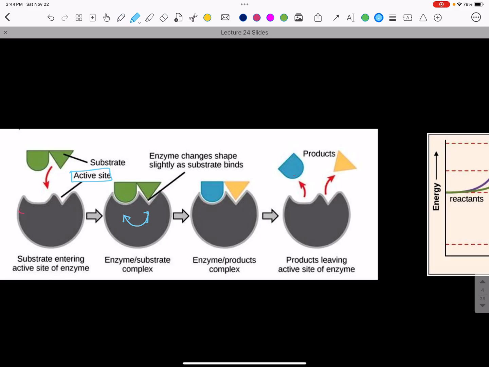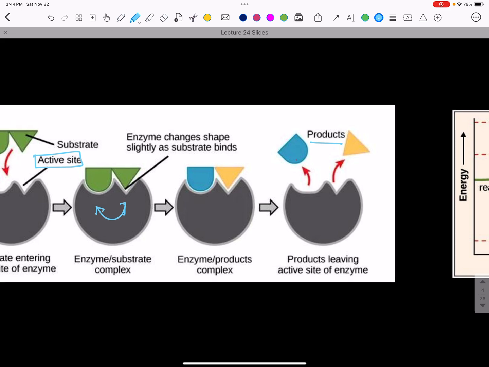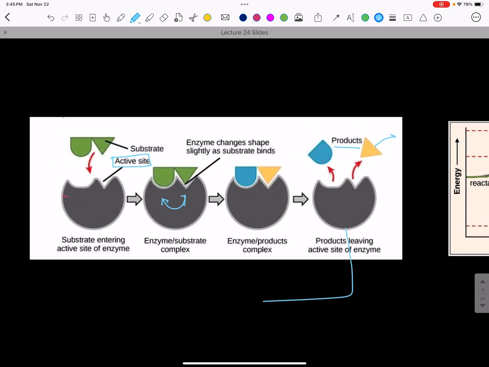Once the products are formed, they can no longer fit in the active site, so they get released, and the enzyme is back in its original shape and conformation so that it can catalyze more reactions. So that is why we need very small amount of the enzyme because they get recycled after each reaction.